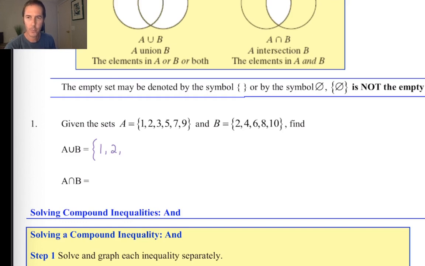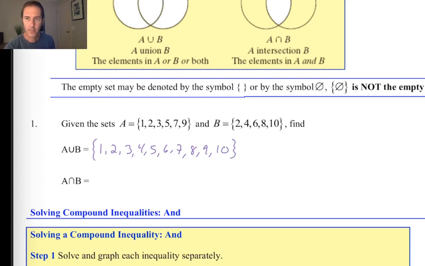That's why I said remove any duplicates. And there's a 3, and there's a 4, and a 5, and a 6, and a 7, and an 8, and a 9, and a 10. So that's the union of A and B.